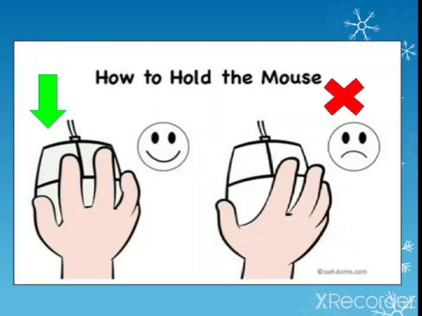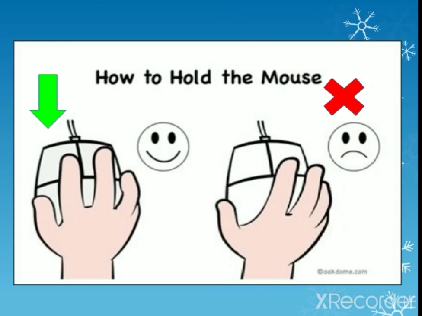In this picture you can see there are two pictures, in which one is right and one is wrong. For holding the mouse, the best way is to make a V with your first two fingers. We will discuss the names of fingers in computer language. So we have to make a V with our first finger and our middle finger, and the rest of the fingers we will keep aside.